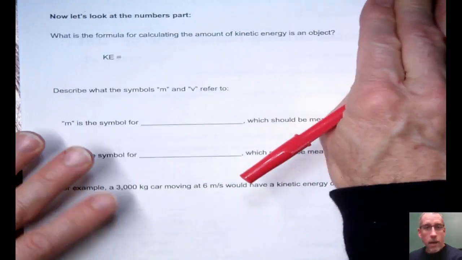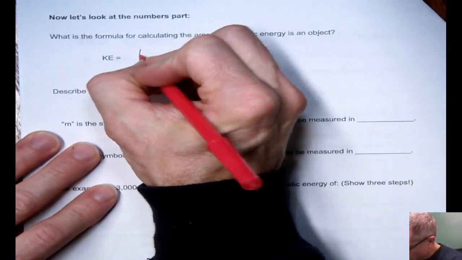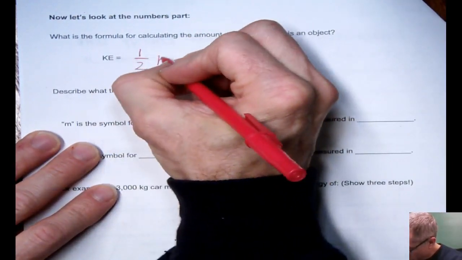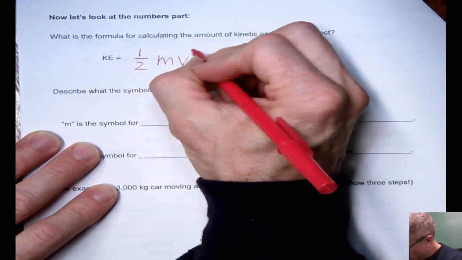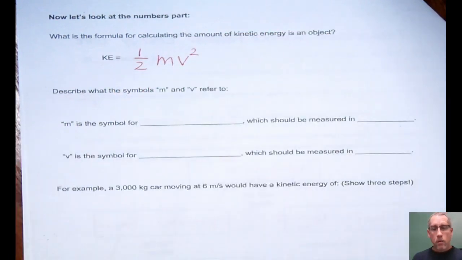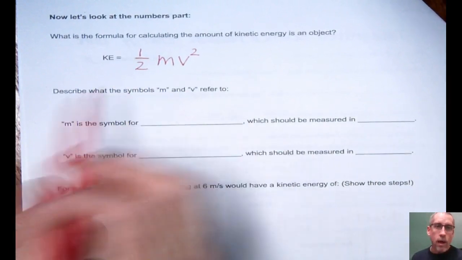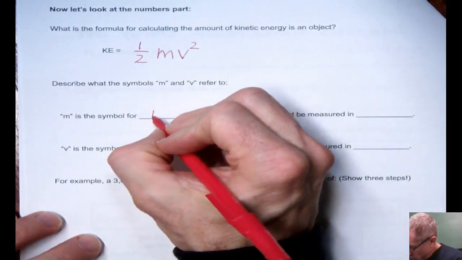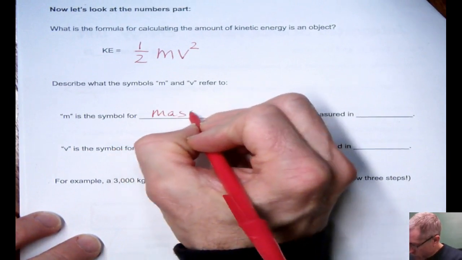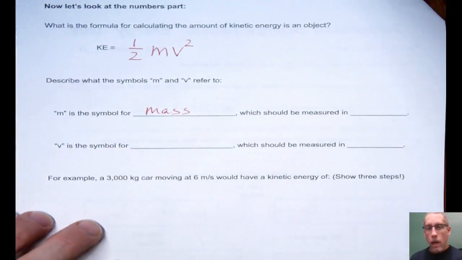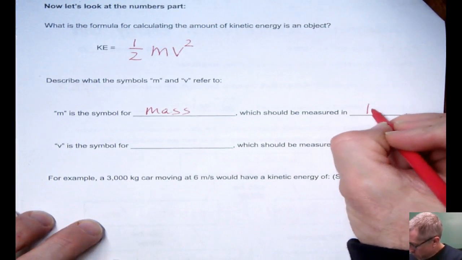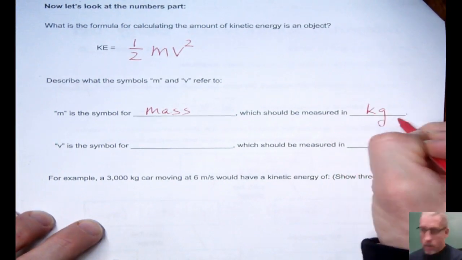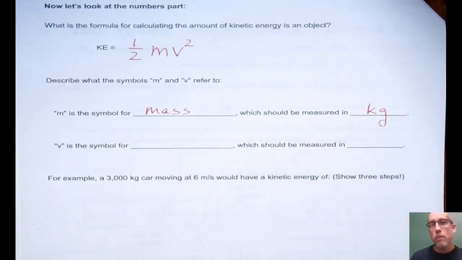So for kinetic energy, the formula is written this way: 1/2 mv squared. We'll go through each part of this. Obviously, the 1/2 is just a number. M is a symbol that stands for mass. In physics, when we measure mass, we're going to measure in kilograms.